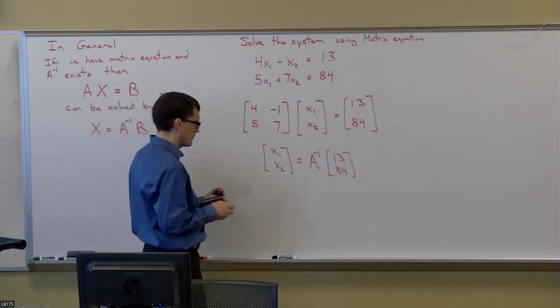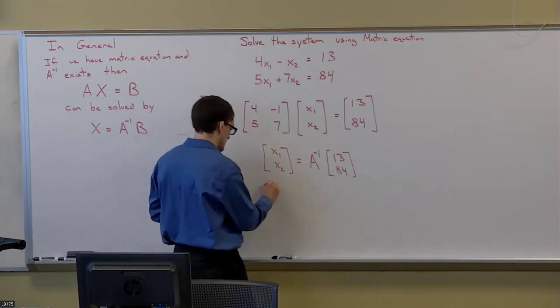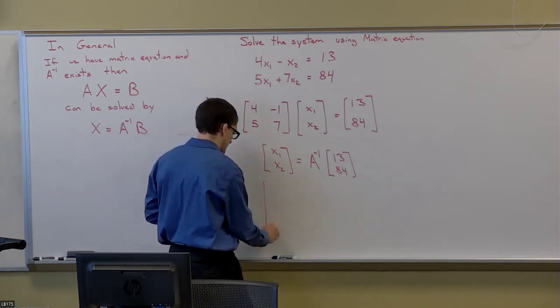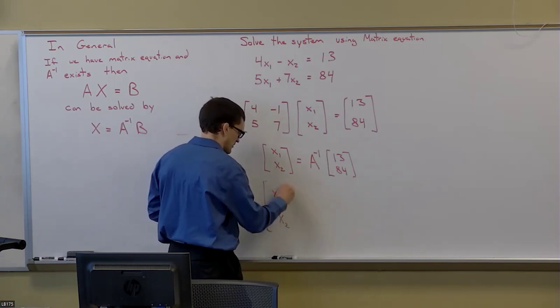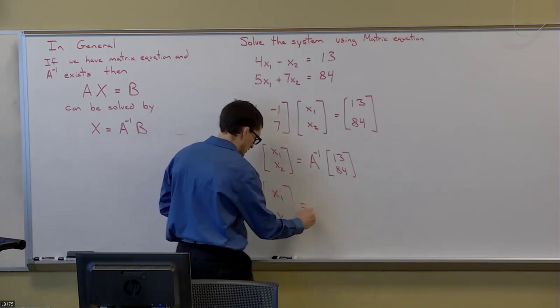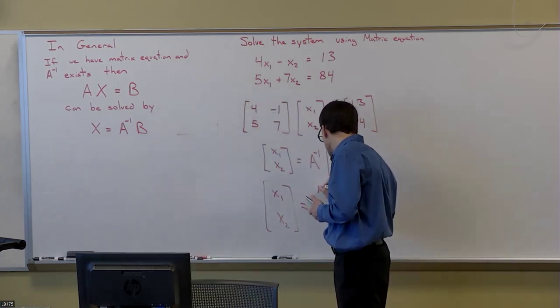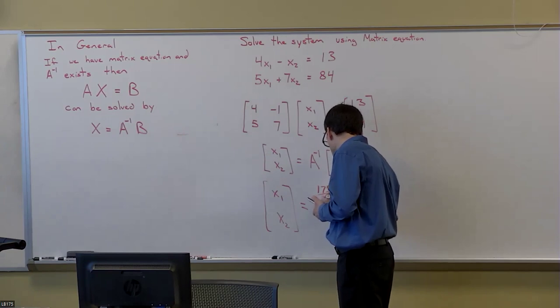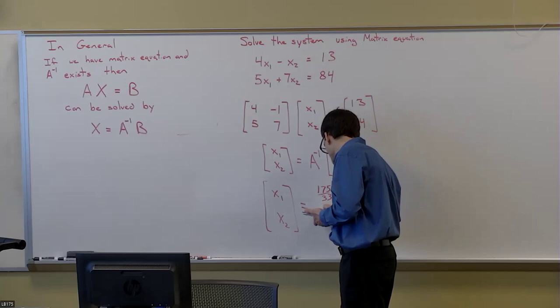I ended up, well, depending on whether you write fractions or decimals, it doesn't matter. I guess I'll write both. x1, x2 equals 175 over 33 and 271 over 33.